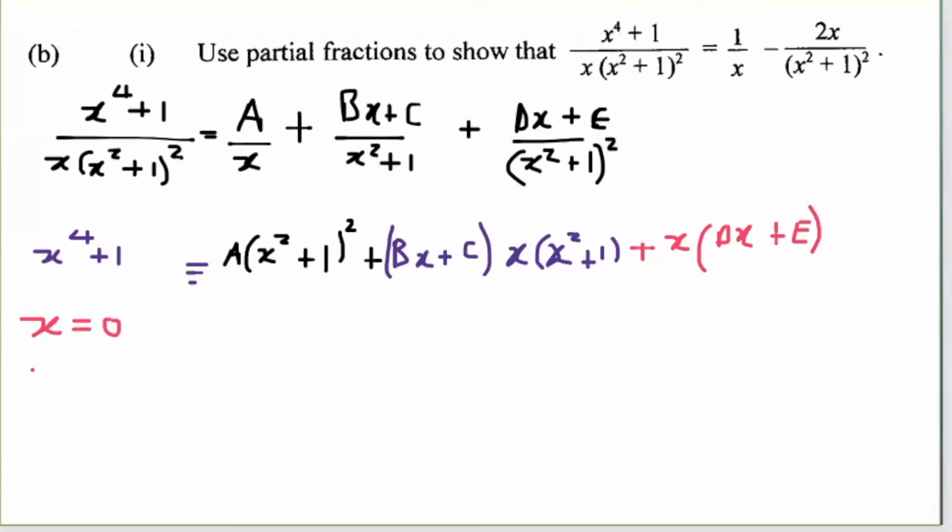So replacing x with 0 here, I would have 0 plus 1, because 0 to the 4th is 0.